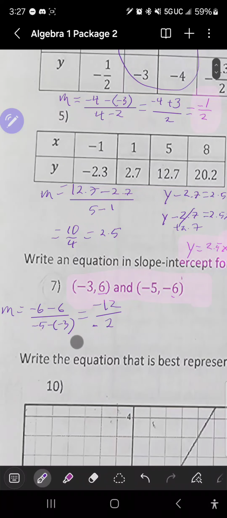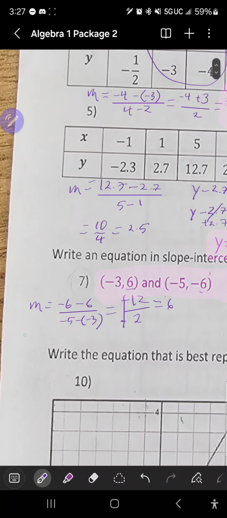Now, they are both negative, so the signs cancel and the result is positive. Since they both have the same sign, the result needs to be positive. And 12 divided by 2 is just 6, and we have our m. Now we use the same formula, y minus negative 6 equals 6, which is our m, times x minus negative 3. Minus negative 3 is like two minuses, so this is going to be positive 3.